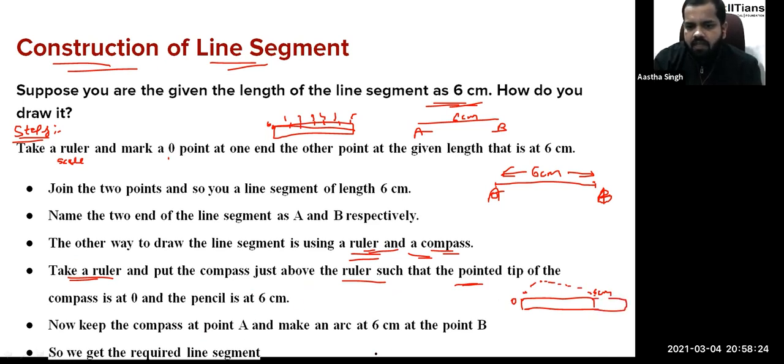Now keep the compass at point A and mark the arc at point B. It means you will get a 6 centimeter line segment, right?